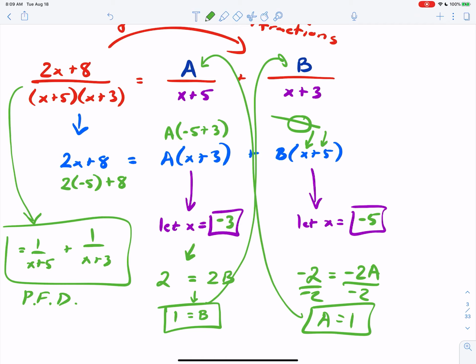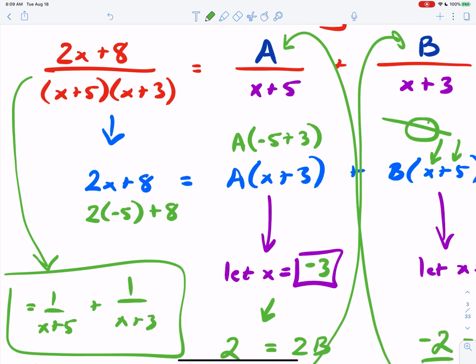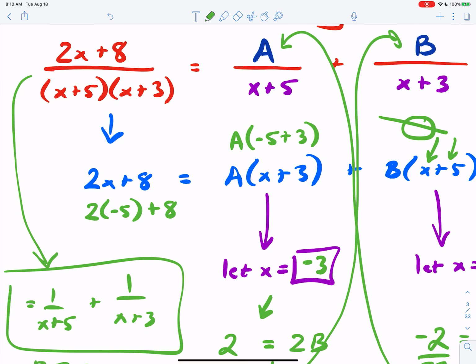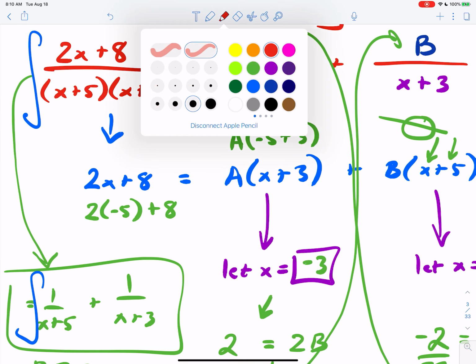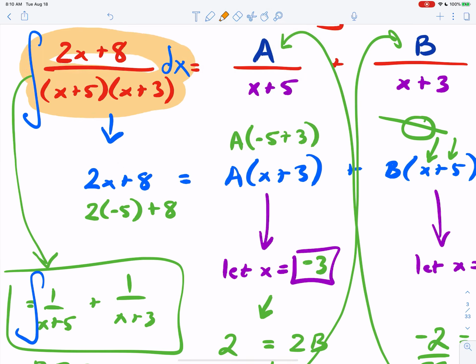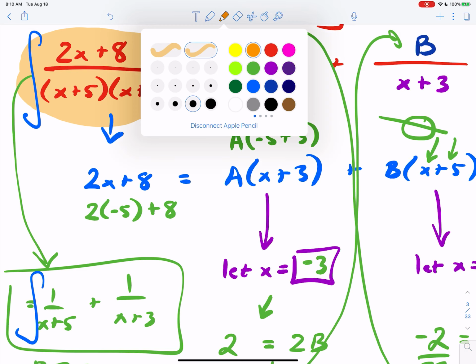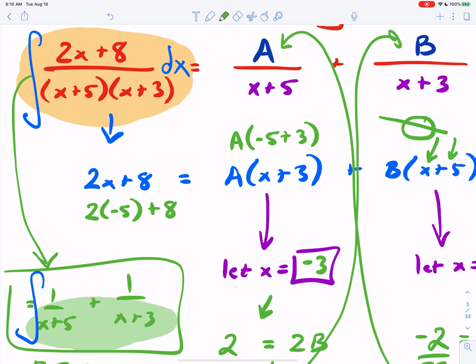So before we move on, think about this, right? Why is this technique so useful? So I want you to think about this here. If I slapped on an integration symbol here, out of these two, and I'll highlight them, out of this orange highlight right here, or its equivalent statement, this green highlight right here, which one is easier to integrate, right?